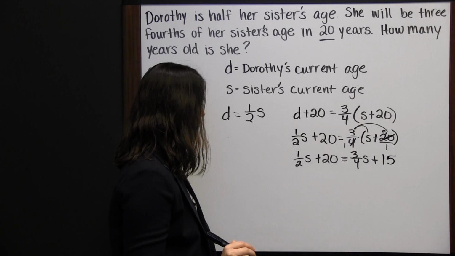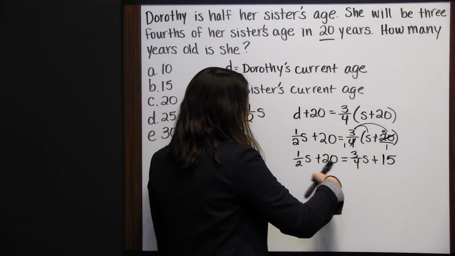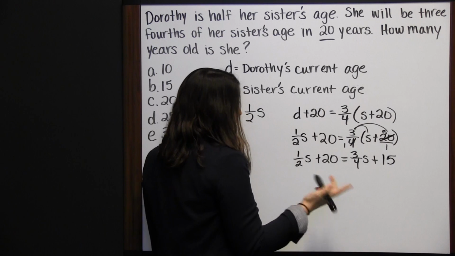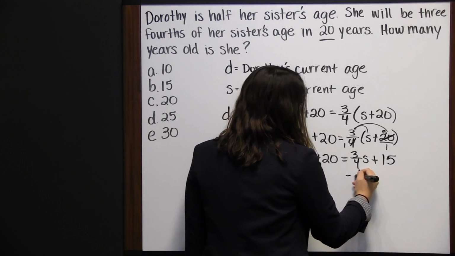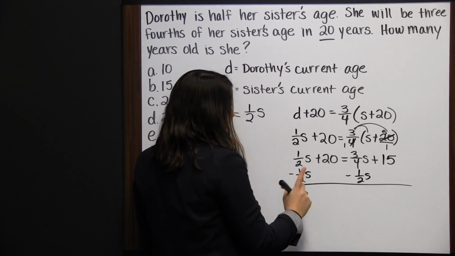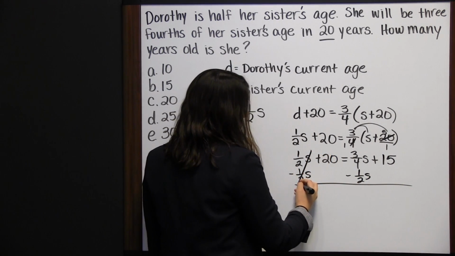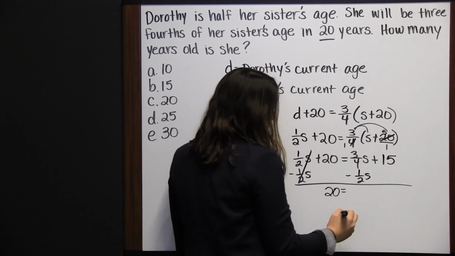That makes sense. Okay, so we need to get all of our variables on the same side. So to do that, I'm going to subtract 1/2 S from both sides. 1/2 S minus 1/2 S is 0. I'm going to bring down 20, and that equals.